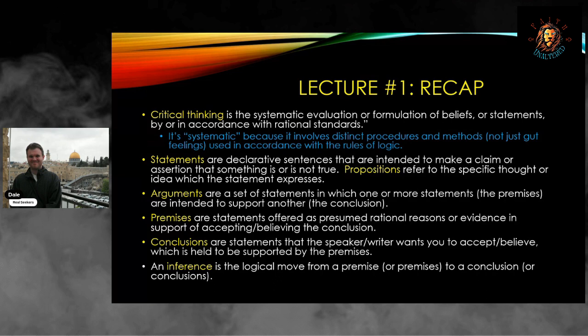The conclusion is the statement that the person making the argument wants you to believe. They want you to accept it as a rational agent. And they're providing you reasons, premises, which are the reasons or evidence that you want that other person, the rational agent, to take into consideration, and then on the basis of them, accept your conclusion as being true.